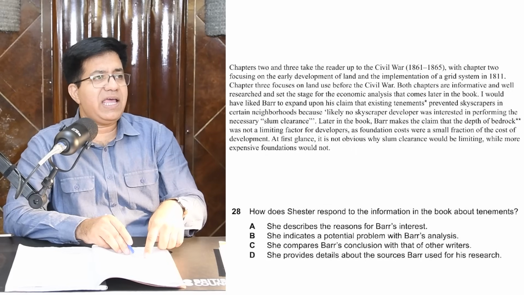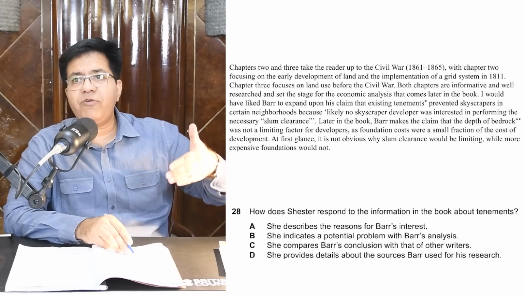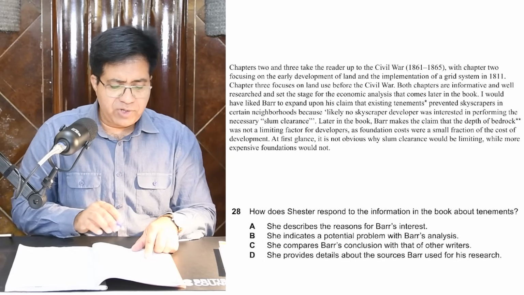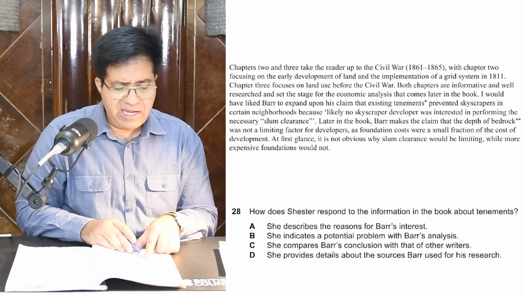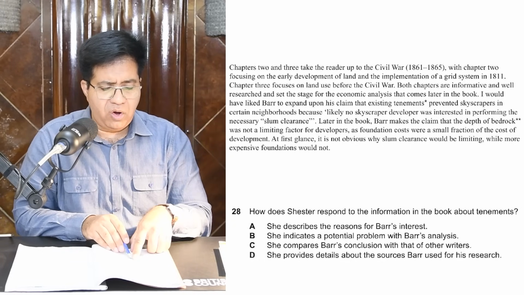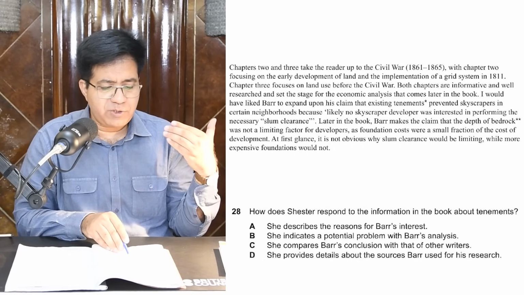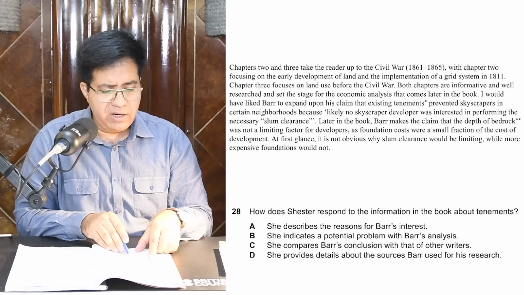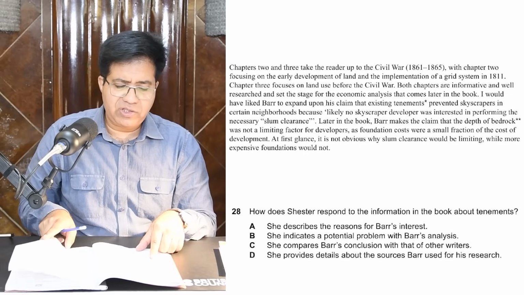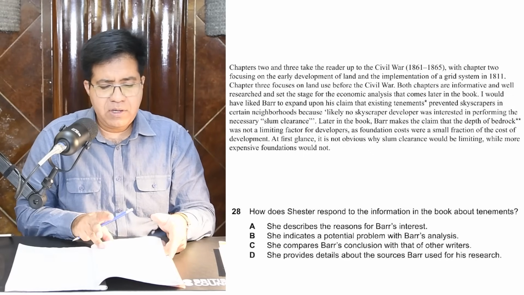Now, what she is saying is there is no more information about that. Just focus on this sentence. I would have liked Barr to expand on his claim. Now, he made a claim. So the writer of this book review wanted Barr to actually expand upon this claim. Now, look for some option.